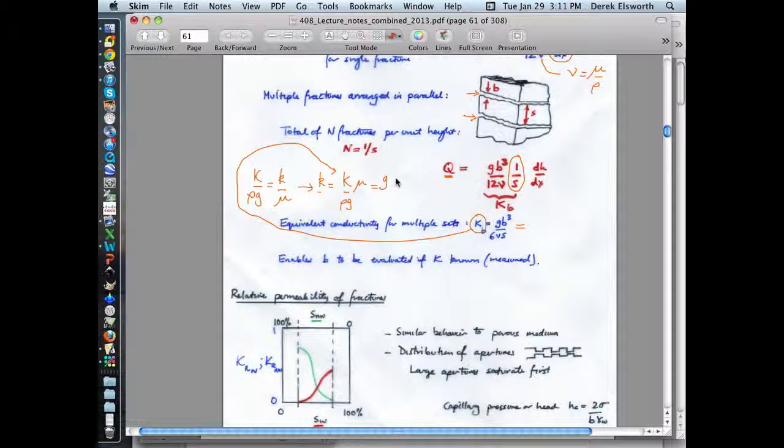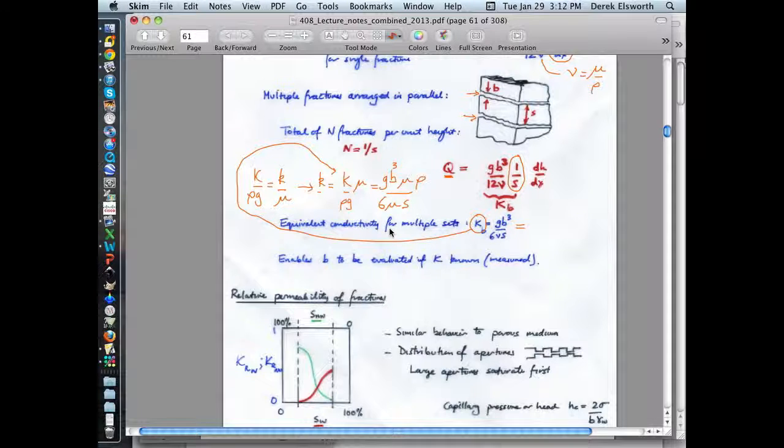And if I do that here, we'd end up with g B cubed times viscosity divided by 6 times, we already said that kinematic viscosity is mu over rho, and times spacing.